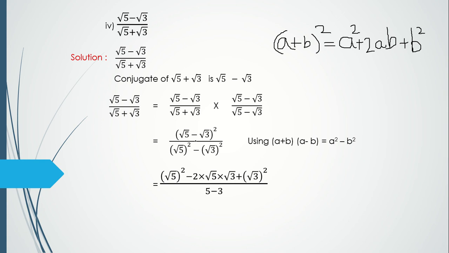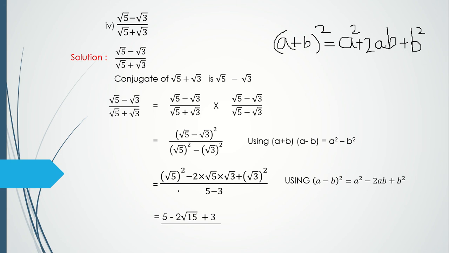Whenever there is a minus, only there will be a minus sign: a square minus 2ab plus b square. That is what is used here in the numerator. And in the denominator we have a plus b, a minus b, which is a square minus b square. So 5 minus 3 is 2.